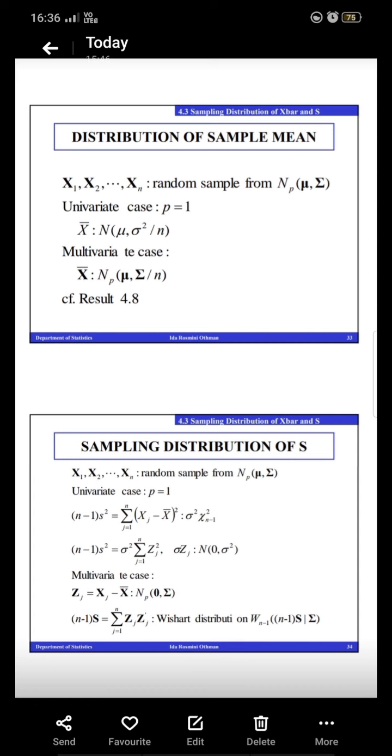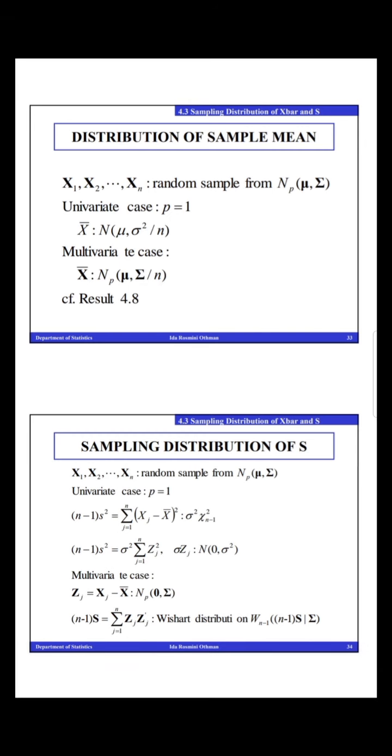Before this it was mu and sigma square divided by n, but now in the multivariate case it will be the mu vector and the matrix big sigma divided by n. So you need to memorize this theorem.